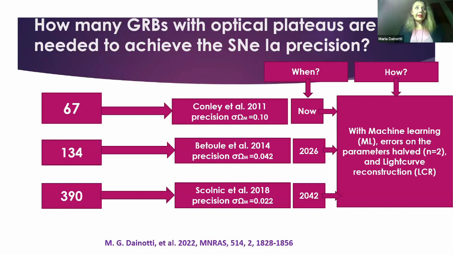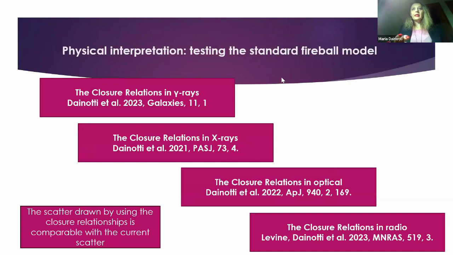So in doing that, we will have more data points in the plateau emission, and then we will have immediately more number of data. So this forecast will be updated after the catalog is released.